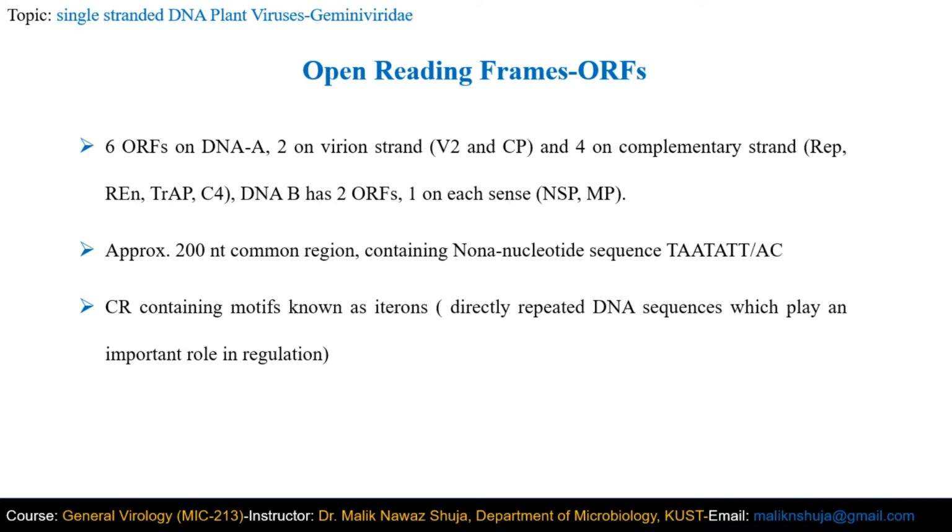This common region contains a highly conserved sequence known as the nonanucleotide sequence, and the sequence of the nonanucleotide is TAATATTAC. This indicates that the origin of replication is here, and nicking takes place due to the REP protein. This nicking takes place between nucleotides 7 and 8 of the nonanucleotide.